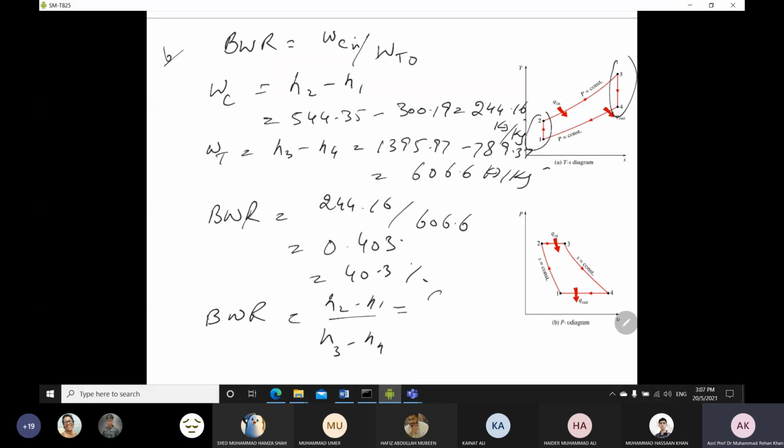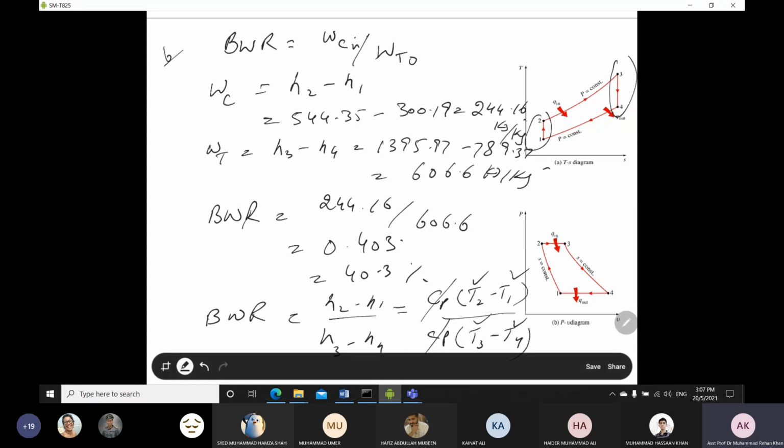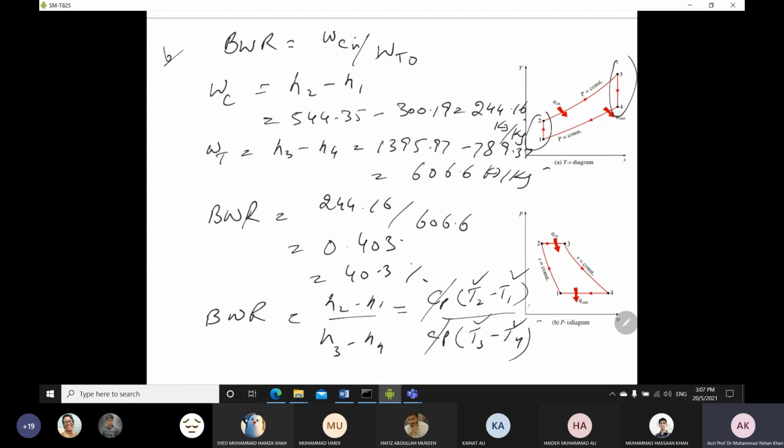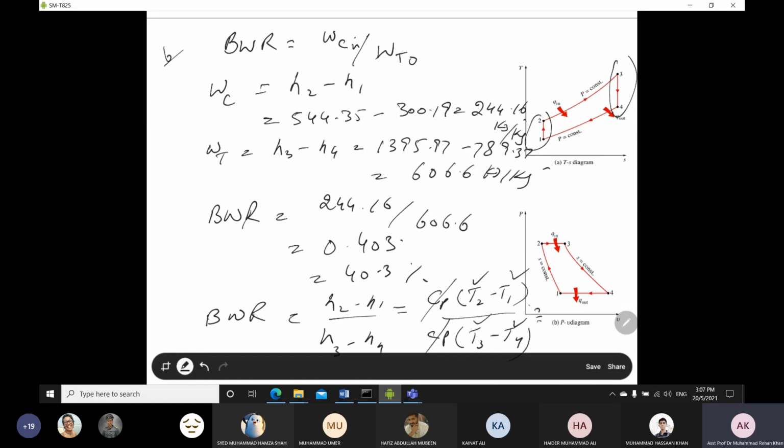Okay, and from here we can easily say that it will be equal to Cp (T2 minus T1) over Cp (T3 minus T4). Okay, so Cp will be eliminated, so we can use the values of temperatures we have with us, T2, T1, T3, T4, and simply put them into this equation. You will get the back work ratio using the cold standard air assumption, or using the constant specific heat. Okay, so you have to note it down and go to the next one.